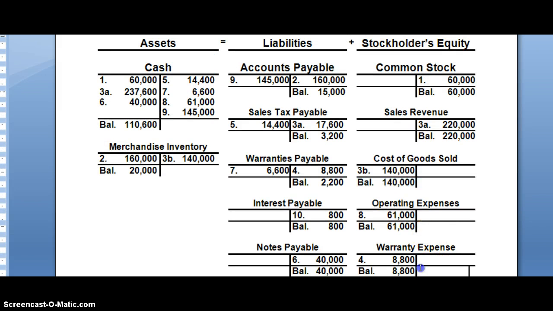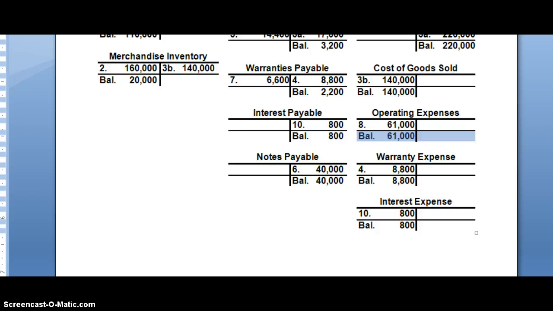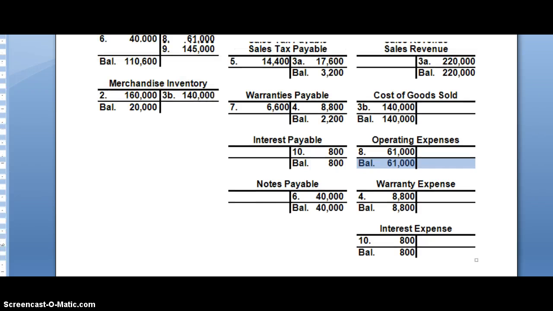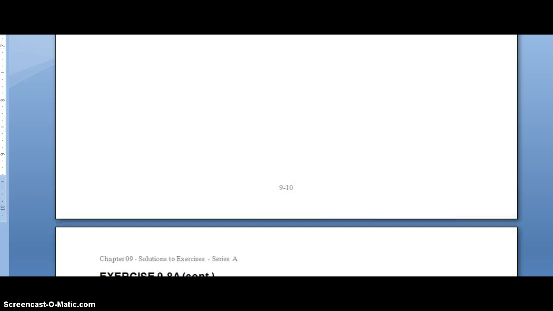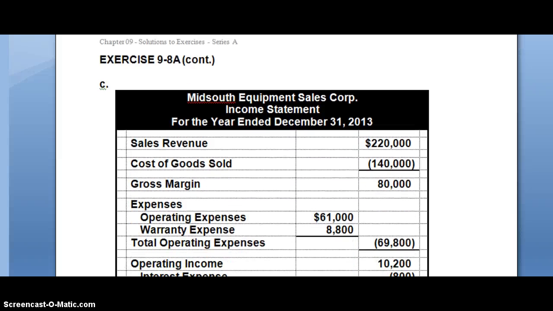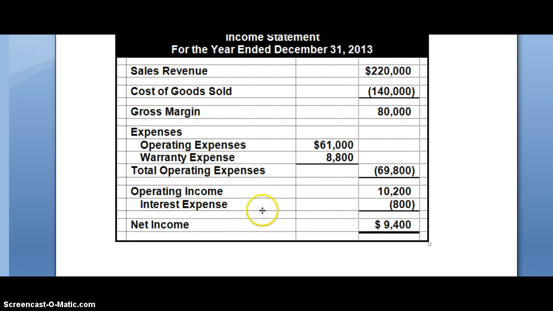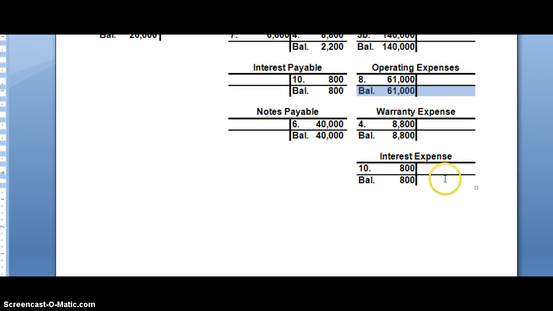Now, if you notice, we're going to have one last item on here, which is interest expense. Interest expense is going to be the final component, and it's right here.